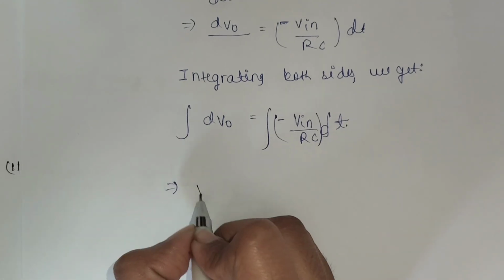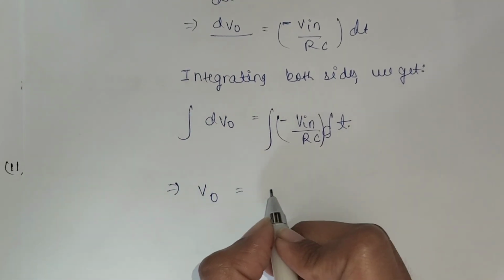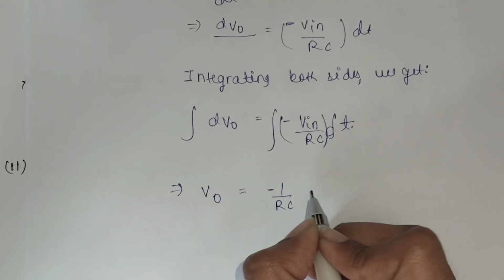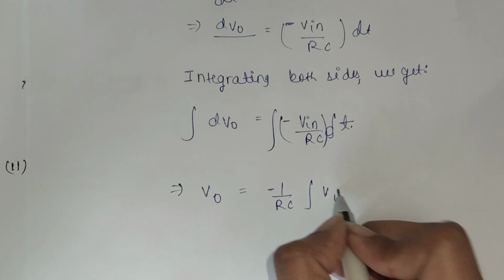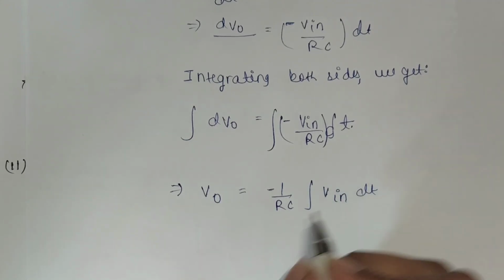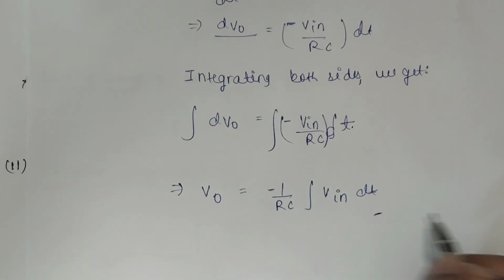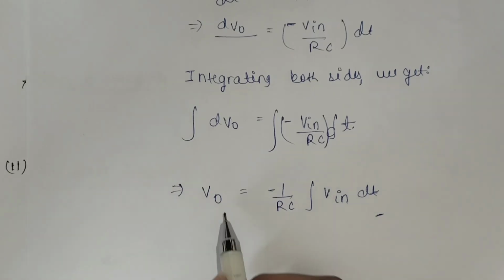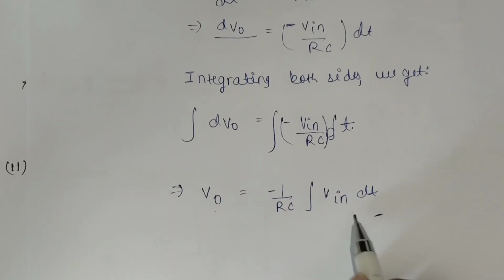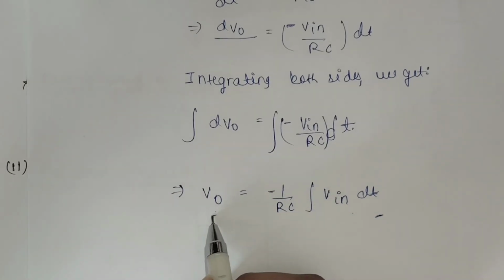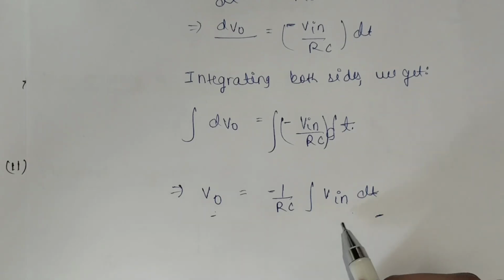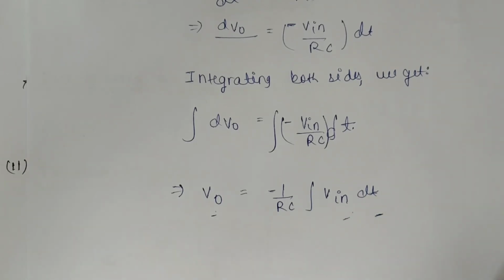This implies that V naught is equal to minus 1 by RC times integral of V input dt. This is the final equation which gives us the relation between V output and V input, and we can see that the output voltage is expressed in terms of the integration of the input voltage.